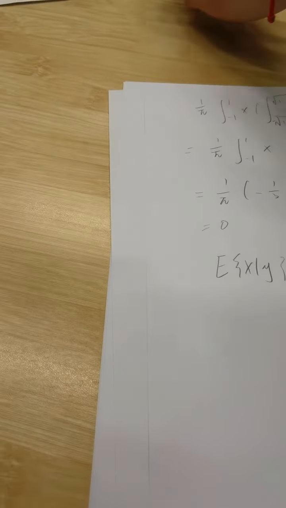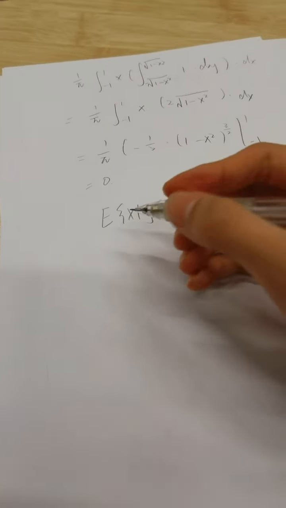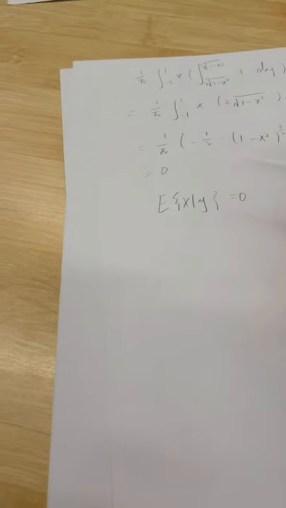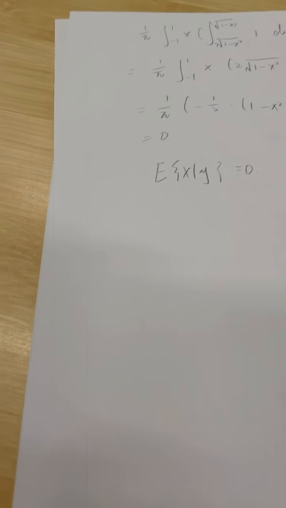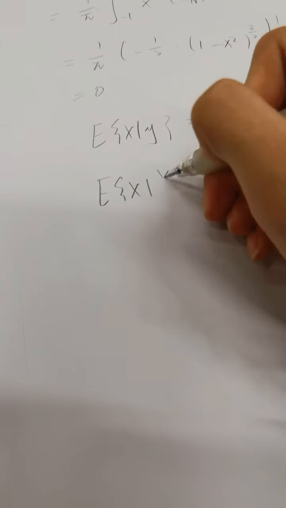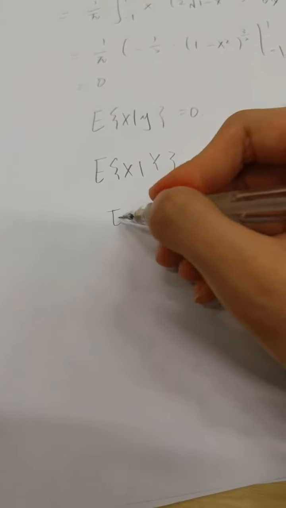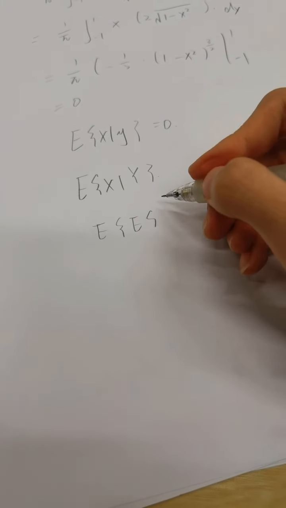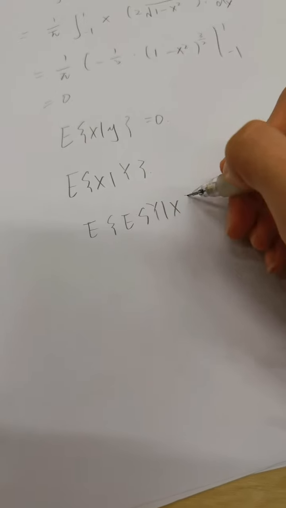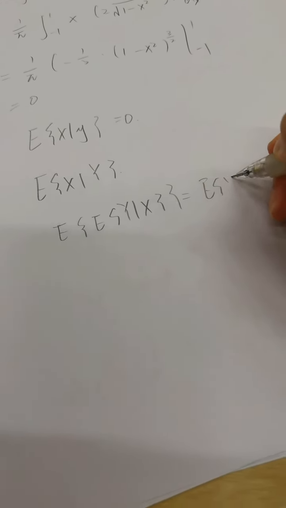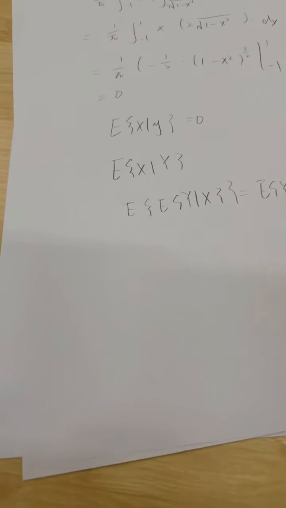After that, we can use a theorem to calculate E[X | Y]. We can use the theorem E[E[X | Y]] equals E[X]. This is just a formula from lecture.